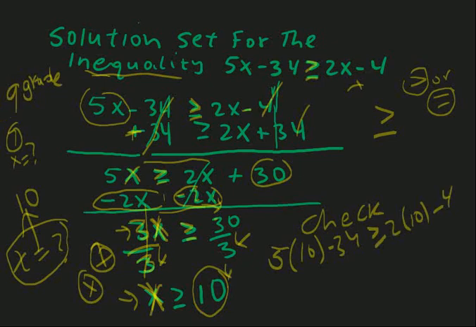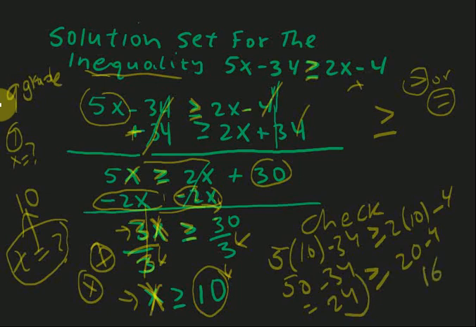We're just going to replace the x with what we found for x. So 5 times 10 is what? 50. 50 minus 34 is equal to 24. Are these greater or equal? 2 times 10 is 20 minus 4. So we have 24 here and 16 on this side.